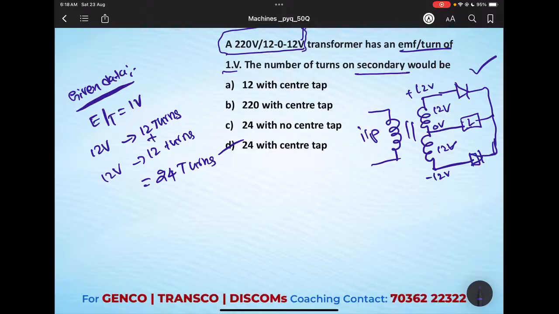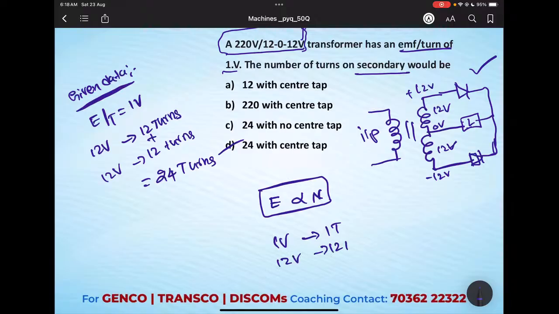What they are asking is the number of turns in the secondary side. How are we going to calculate the turns? Based on the EMF. As EMF is directly proportional to the number of turns, we can calculate directly from the EMF. As given, for generation of 1 volt we need 1 turn. For 12 volts we need 12 turns.